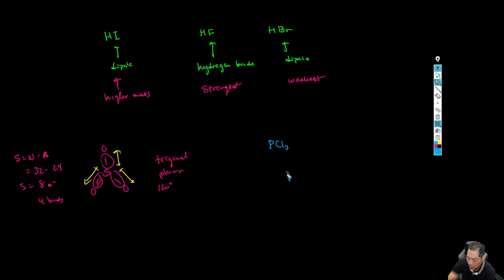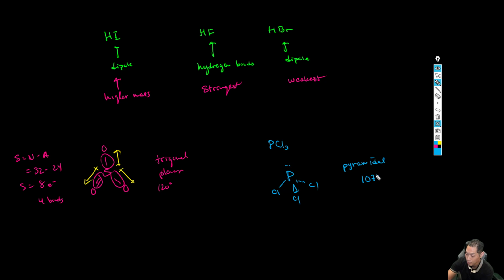PCl3. So you could do SNA if you want, but this is the shape that's going to be a pyramidal? Yeah. I can't spell it, I'm sorry. So that means the bond angles will be 107 degrees.